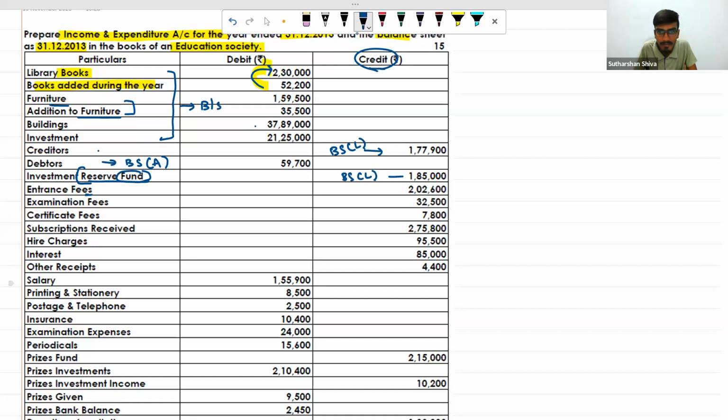Entrance fees, they have given it on credit. It doesn't mean that entrance fees is income just because they have given it on the credit side. In those questions, we need to take an assumption whether we are going to add the entrance fees to capital fund. Here the question is silent.